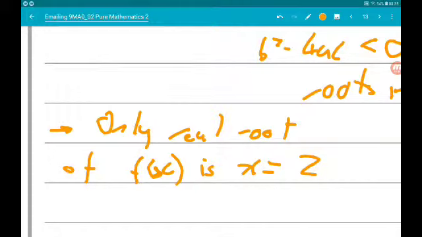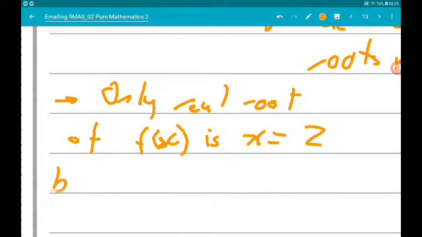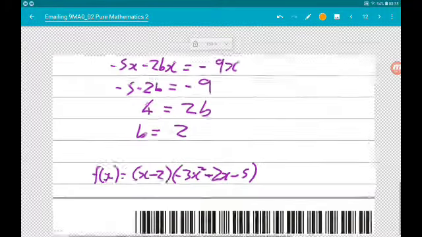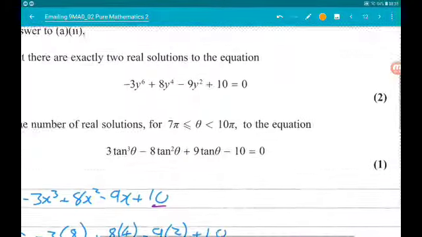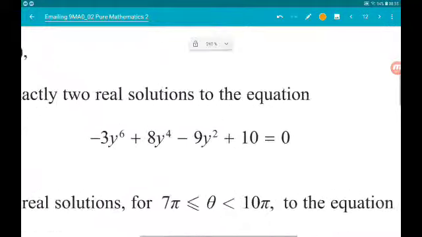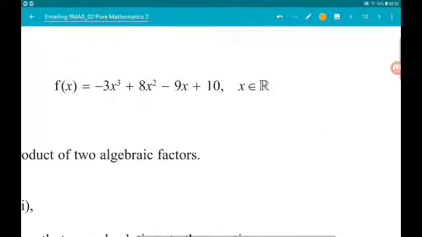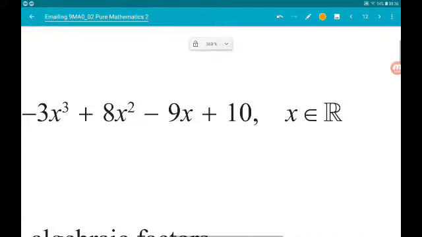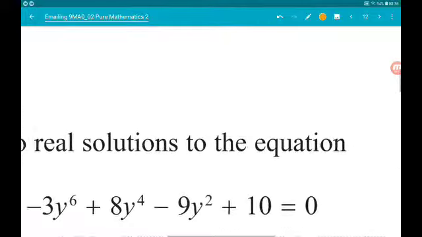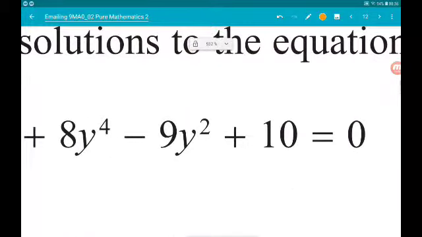Okay, so for part B, let's see. So hopefully you notice we've got the same coefficients going on here, minus 3, 8, minus 9 and 10, as we do up here. So with the minus 9x, for example, we've now got minus 9y squared.